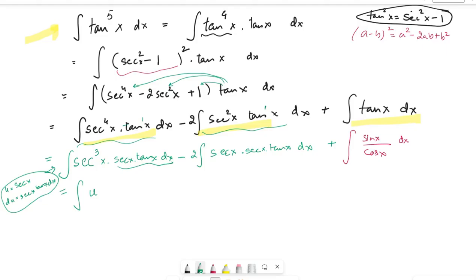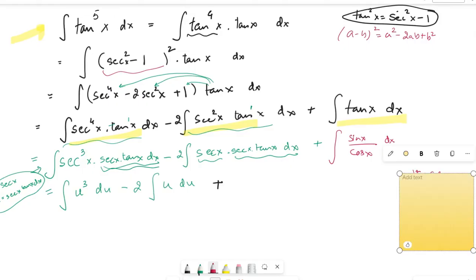Secant x is u, so this is u cube, and this whole thing becomes du, minus 2. Secant x is u, this whole thing together becomes du, plus. For this part, I'm going to make a different u-sub. Let's write it v, so I don't confuse. v, I'm going to sub as cosine x. Then dv would be negative sine x dx.